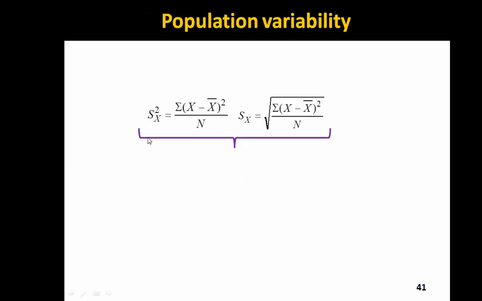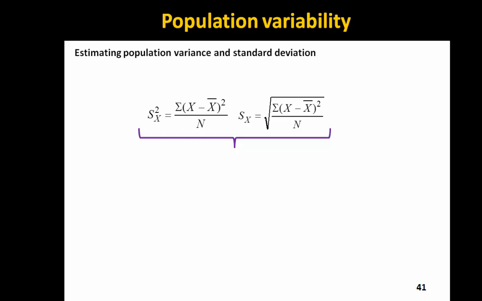And so a little bit of theory here in terms of understanding population variability and how we will modify this slightly when it comes to tracking the variability of a sample.